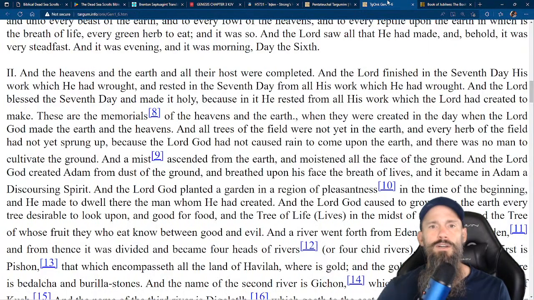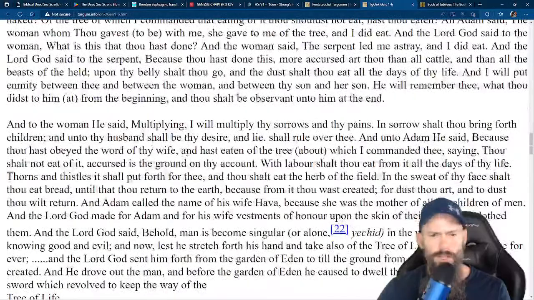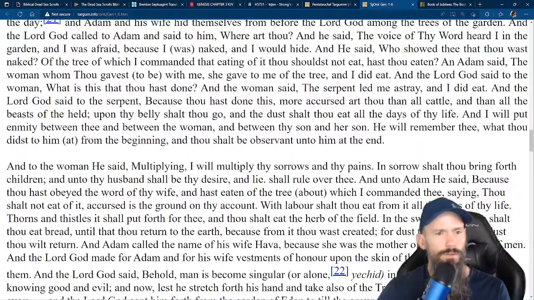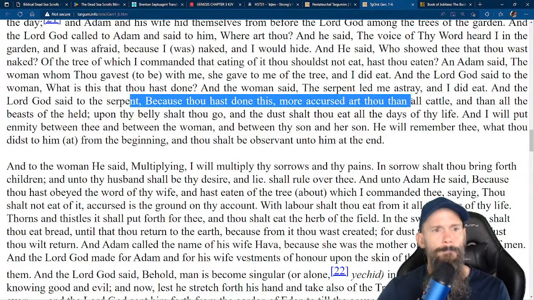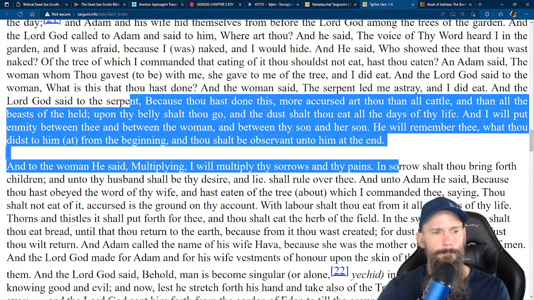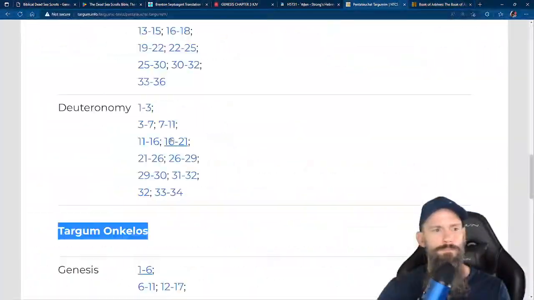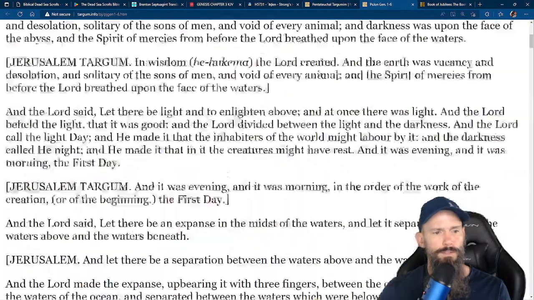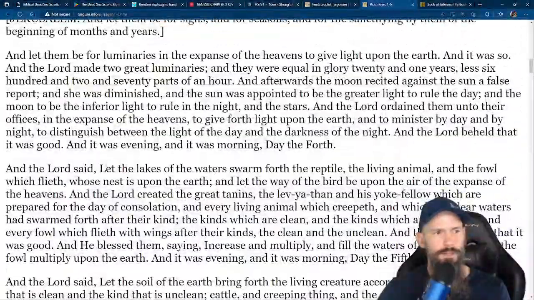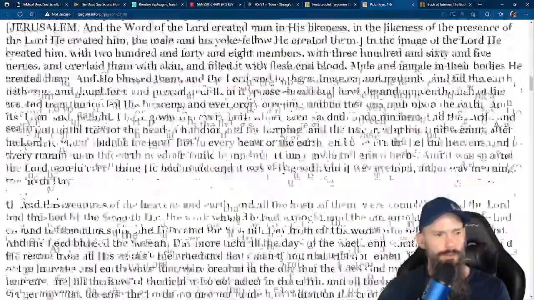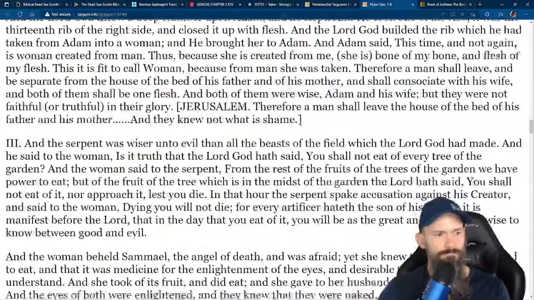So, Targum Onkelos 3:20. Where is that? Targum Pseudo-Jonathan, chapter 3. Where's that?